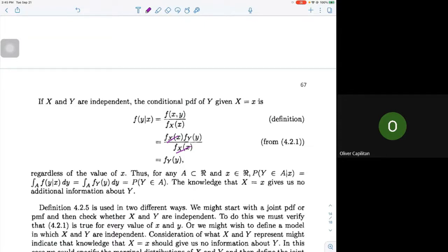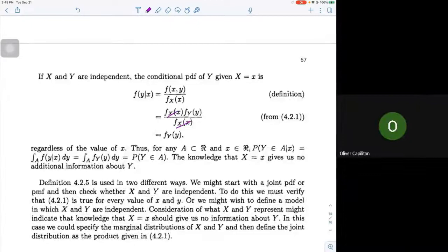Okay, thus for any A which is a subset of R, and x is a real number, the probability that y is an element of A given x will be equal to the integral of the conditional PDF of y given x dy, evaluated on this subset A of R. Since x and y are independent, the conditional PDF of y given x will just be equal to the marginal PDF of y.